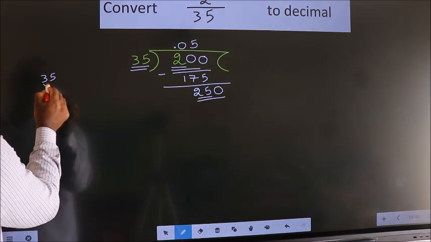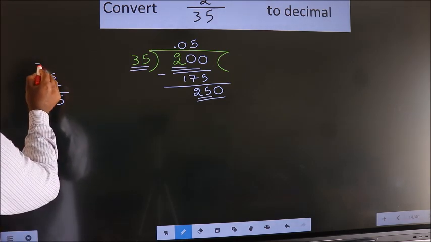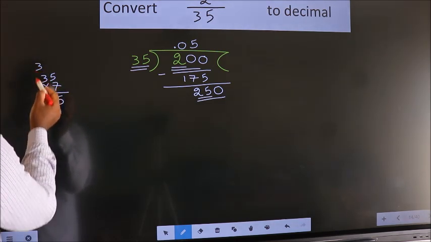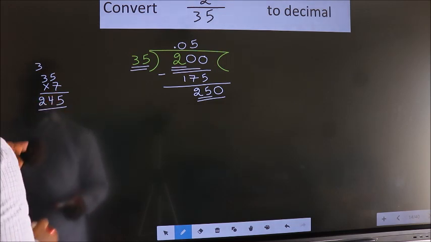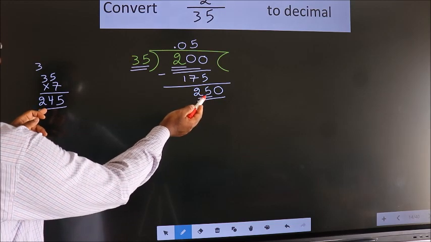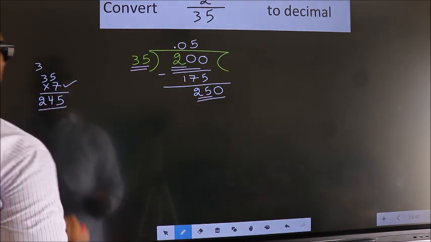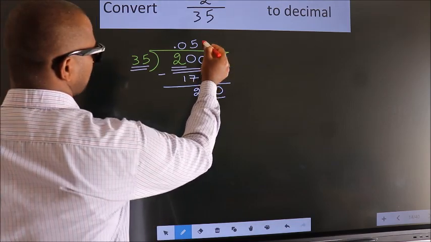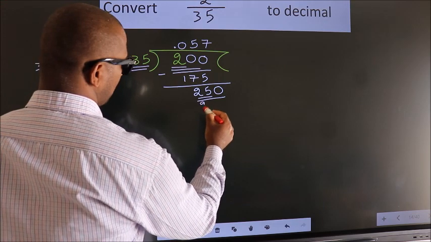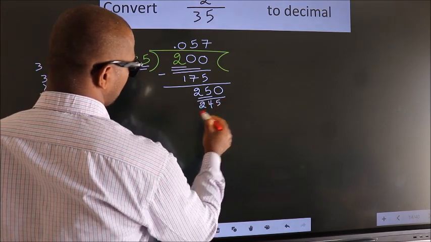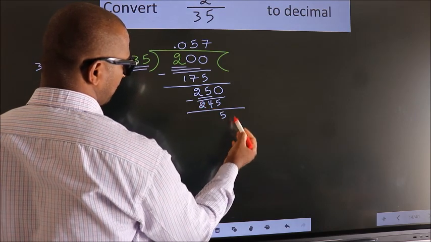So 35 7 times, 7 5s 35, 5 3, 7 3s 21 plus 3, 24. So 245 close to 250, so we should go with 7. So 35 7 times, 245. Now we subtract, we get 5.